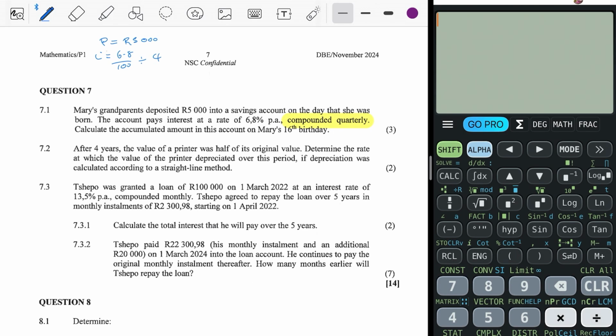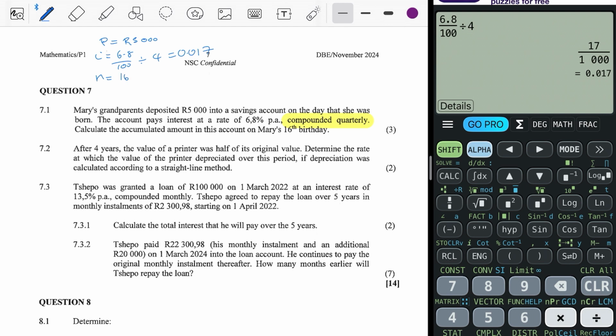So you take this and punch it in your calculator: 6.8 divided by 100. You're doing it now because you're going to use it later. This is equal to 0.017.